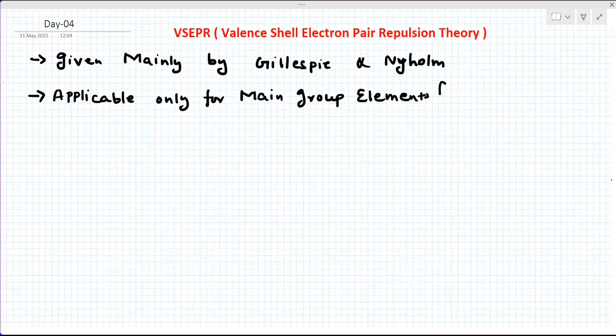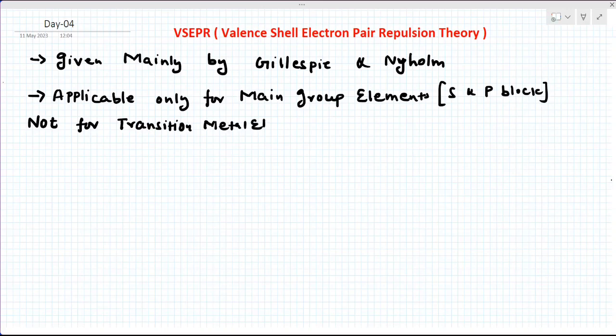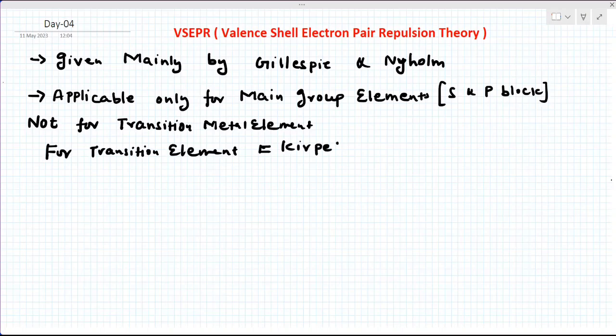So what are main group elements? That is called s and p block elements. S and p block. This is not for transition metal elements. For transition elements, the crystal field model has been given.